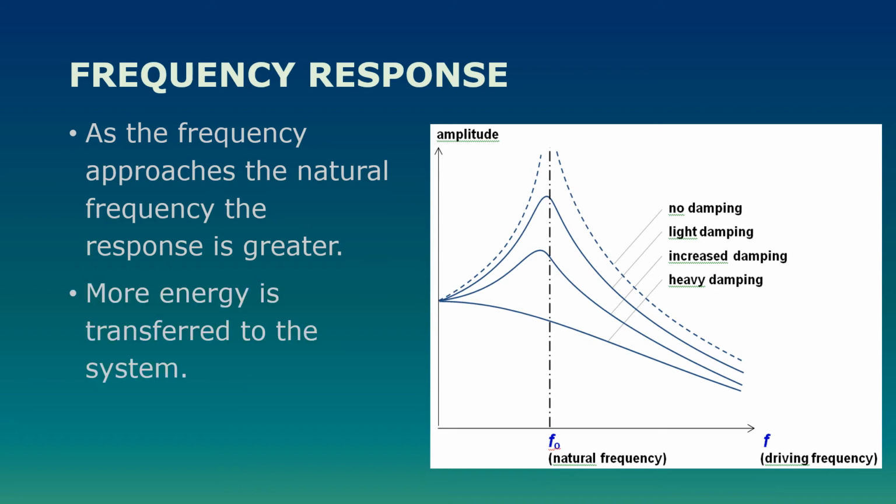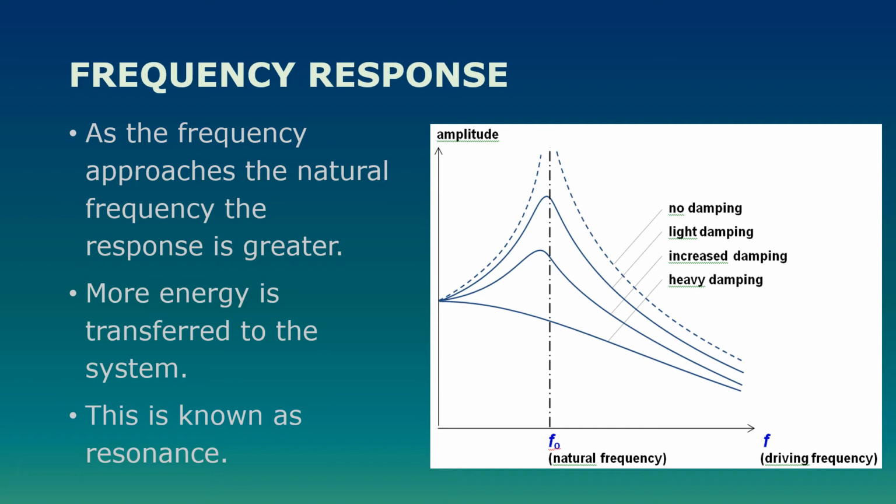Which means you're transferring the maximum amount of energy to the system. Now, theoretically, if there's no damping in the system, if you push at the natural frequency, you get an infinite response. So this is another reason why damping is important, because that is nothing short of frightening for a child on a swing, and there are other places where this will become quite a dangerous scenario as well, where damping is necessary. We'll talk about that in a little bit.